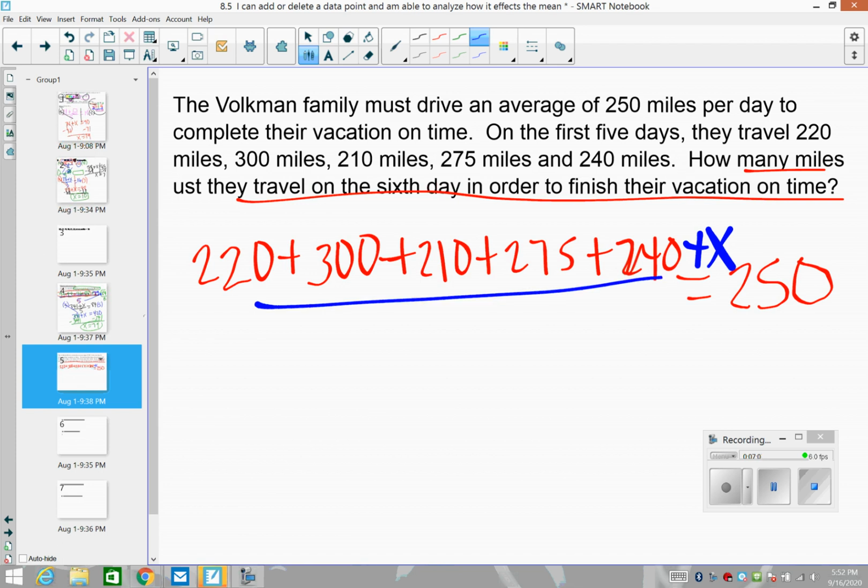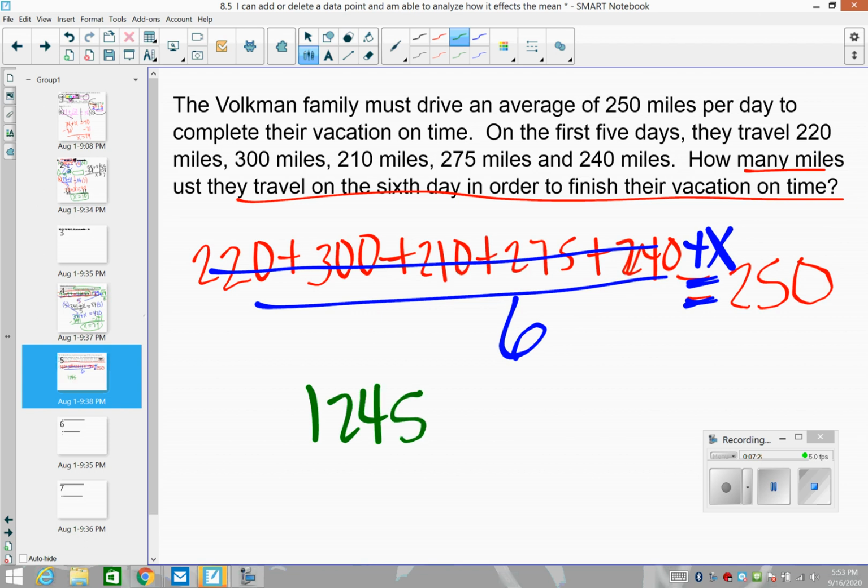So now we're really dividing by 6 days. We know how much they traveled already, so we're going to add that up. That's 220 plus 300 plus 210 plus 275 plus 240, which gives me 1245 so far they've traveled.